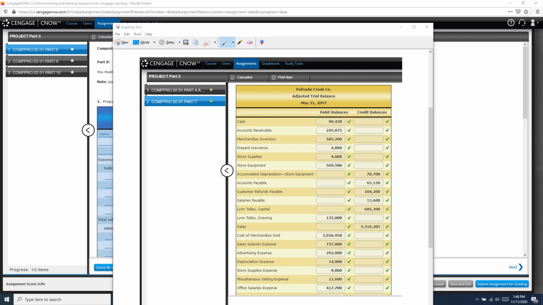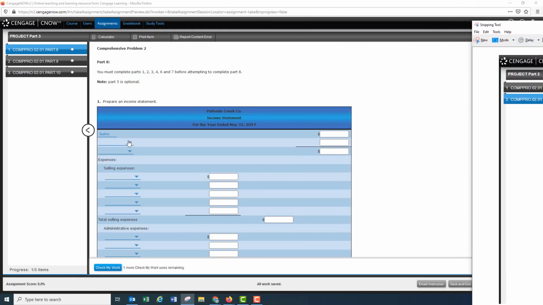Okay, so there is no other sales or revenue account. Then what else would go in line 2 here? Well, refer back to your book. Maybe it's cost of merchandise sold. And then the third line here, what is that? That's a subtotal. Refer back to your book on how to do the income statement if you do not know.